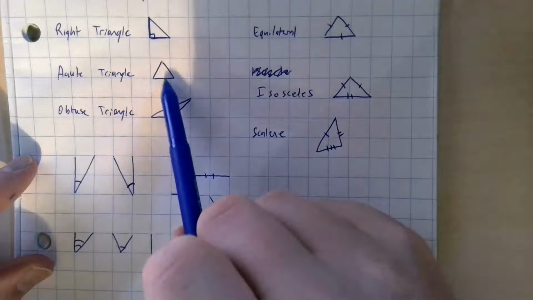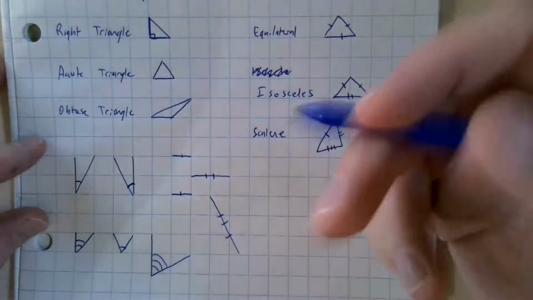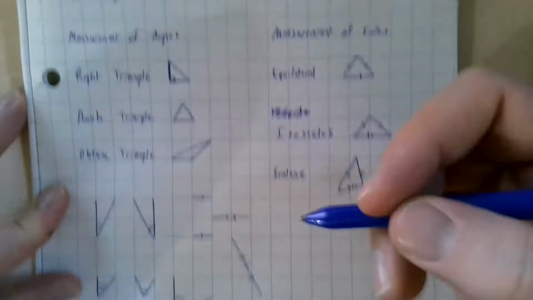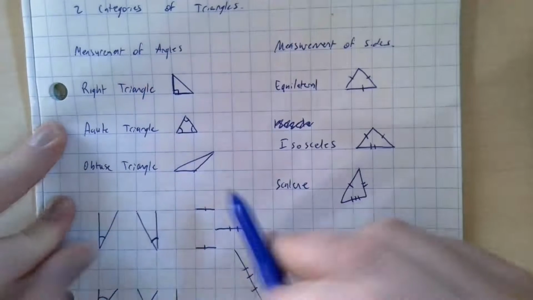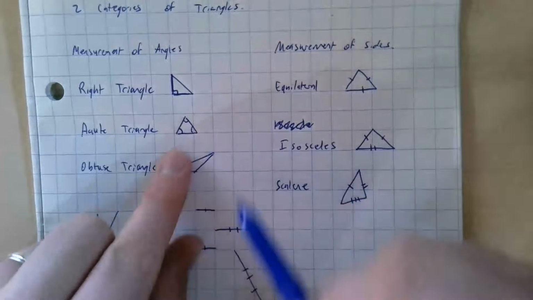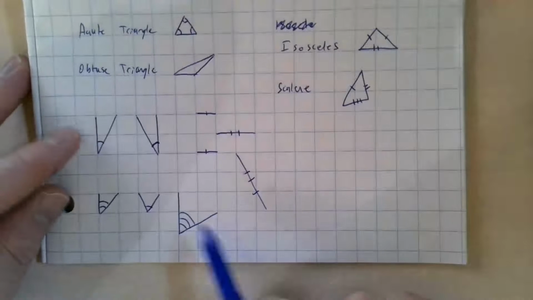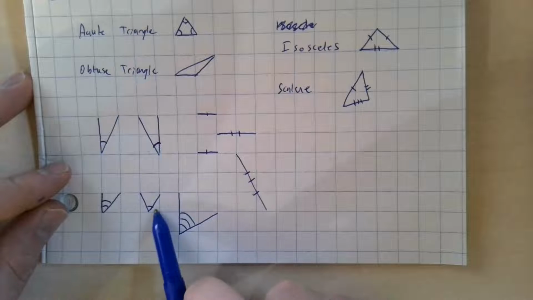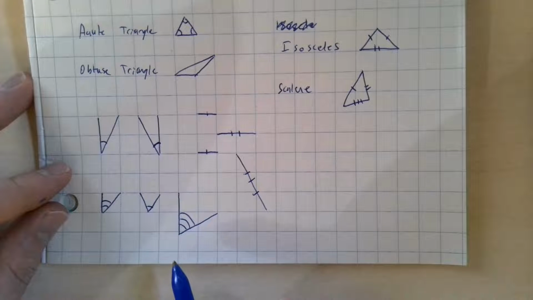So if I have a triangle, say I look at this triangle right here, and I'm demonstrating that it's an acute triangle without asking the person that's looking at this work to actually measure it, I can just demonstrate that with this symbol. So this tells me that these angles are all the exact same. Okay, that's a way that you can do that. And I've shown that these are three different angles, and you can actually demonstrate it in three different ways. So this is one, this was two, this is three. That means that every single one of these angles is different from each other.